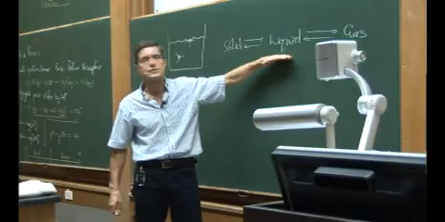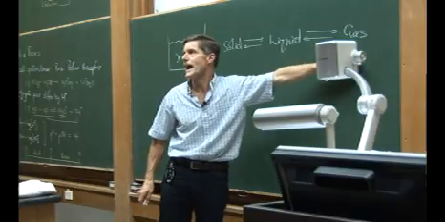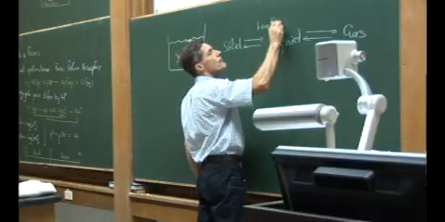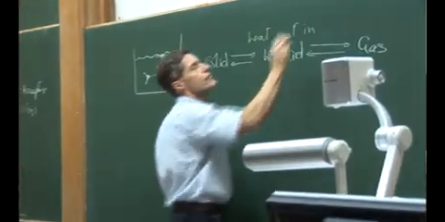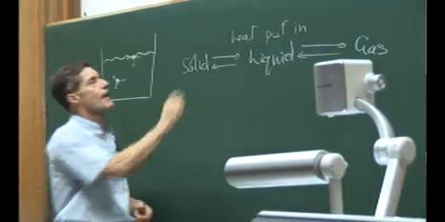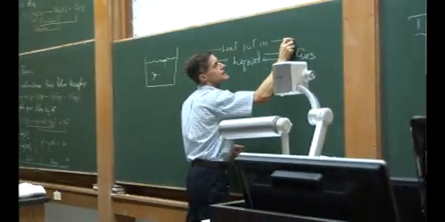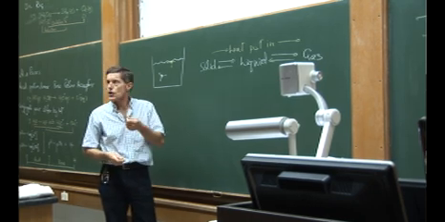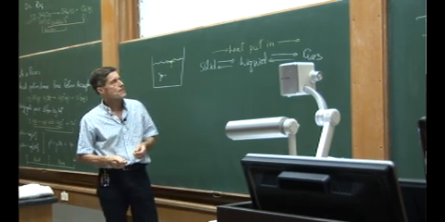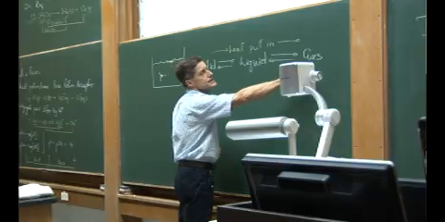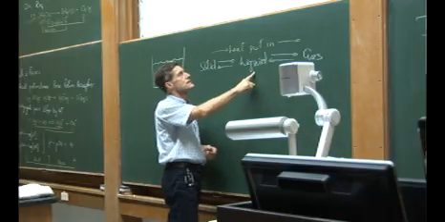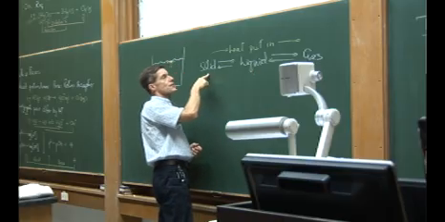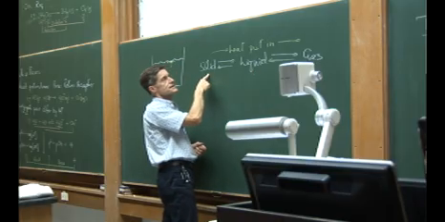You've got to put heat into a liquid to create a gas. So going from left to right, you put heat in. And that is the case in all situations. The converse is also true. If I condense a gas to a liquid, heat is given out. If a liquid is frozen into a solid, heat is given out.